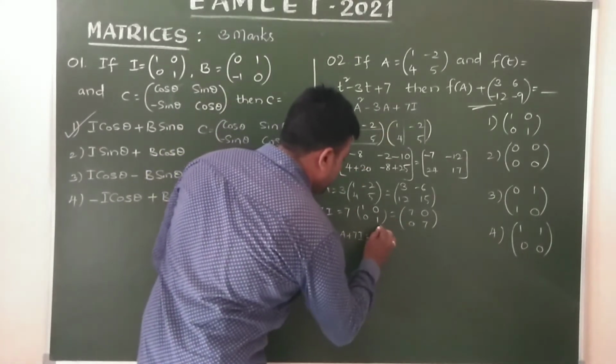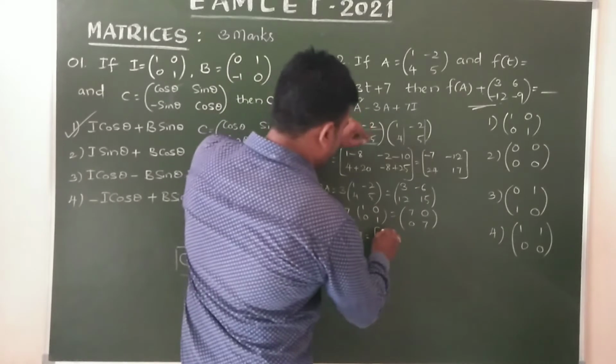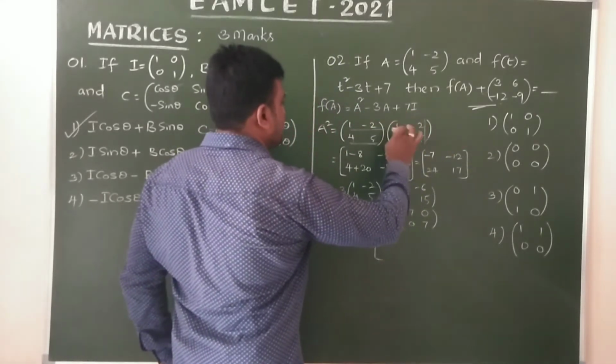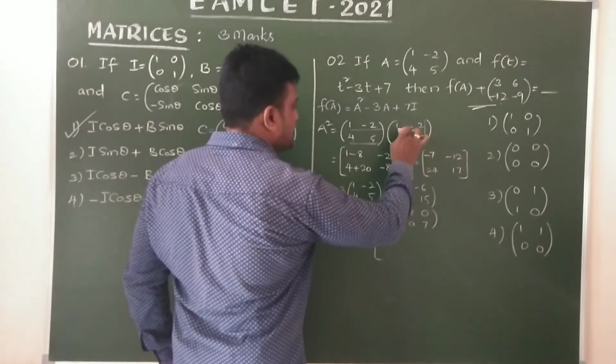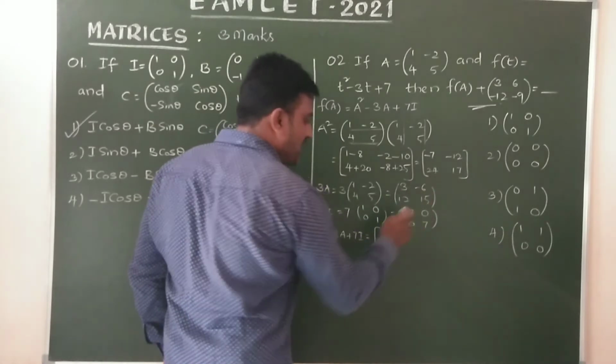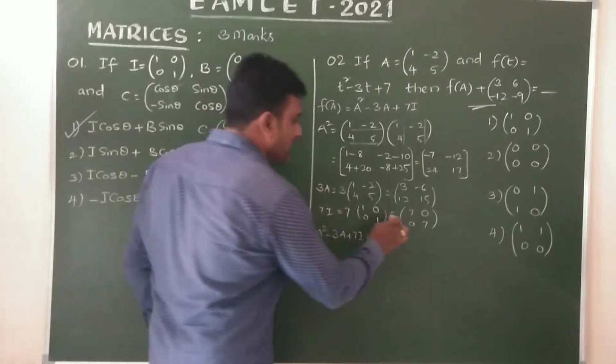Now we can find A square minus 3A plus 7I equals, now adding all, A square, the first element of A square is a 1, okay, minus 3A. Now here signs are opposite because it is a minus 3A, now it is a 7I.